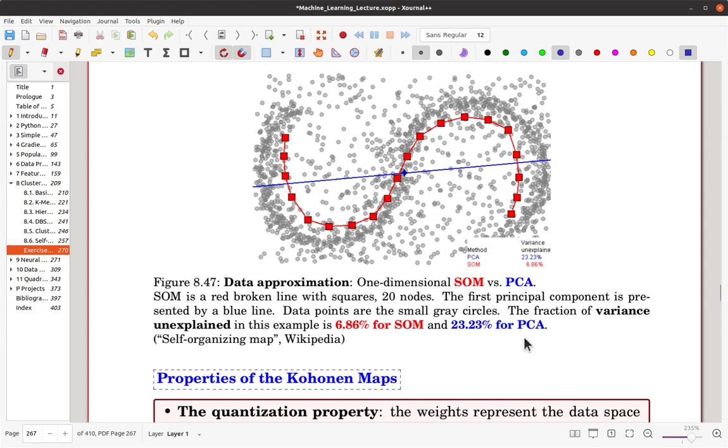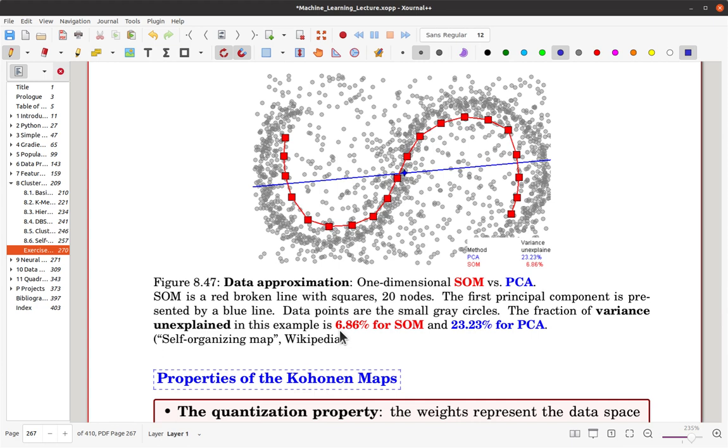Now here, the fraction of variance unexplained in this example is 6.86% for SOM and 23.23% for PCA. So the variance explained for PCA is about 77%, and for SOM it's about 93%.